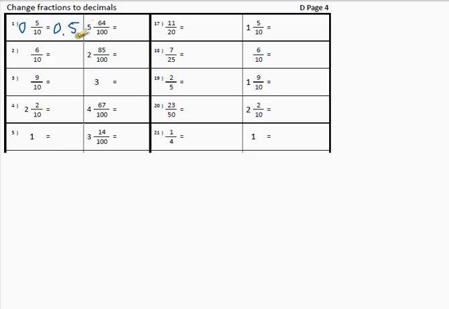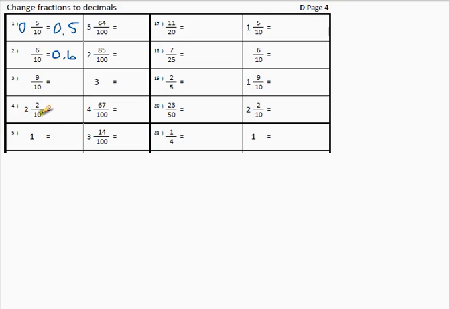The 5 is in the tenths, so it needs to be a 10 at the bottom. So what do you think this one would be? 0.6, yes. Okay, you've got it. Now pause the video and you try to do the rest.